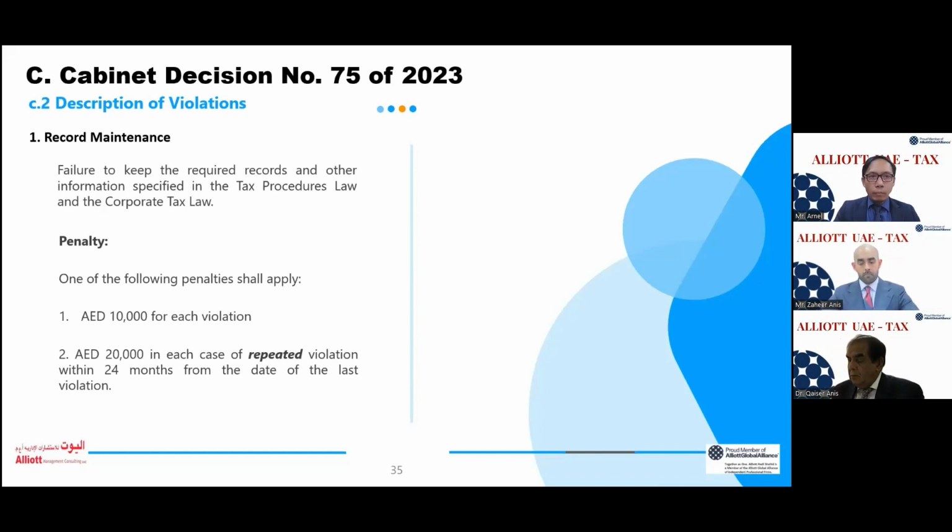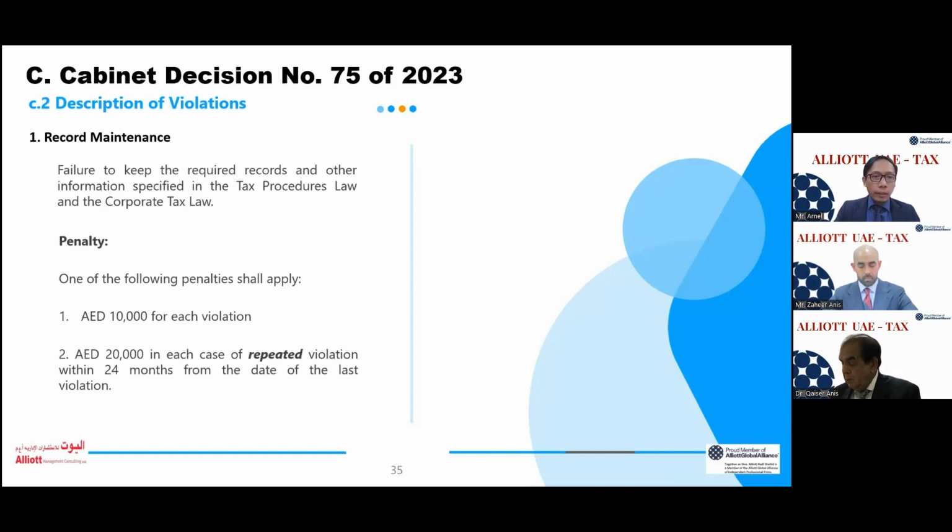One of them is related to record maintenance. This is one of the most important, of course, keeping the records for our compliance with the corporate tax law.